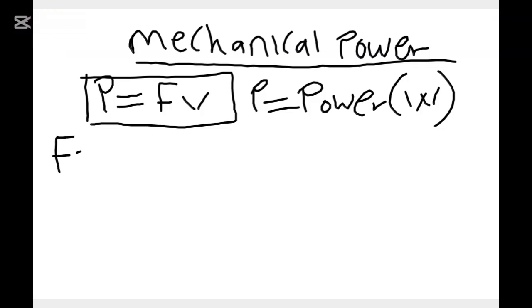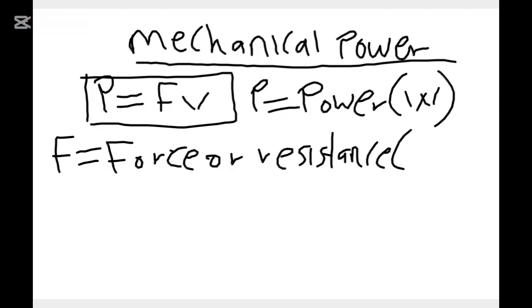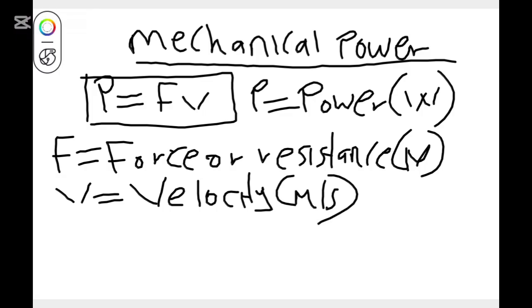And the capital F is the force or resistance, which is in newtons. And you have to take note that this V is the velocity, which is in meter per second.